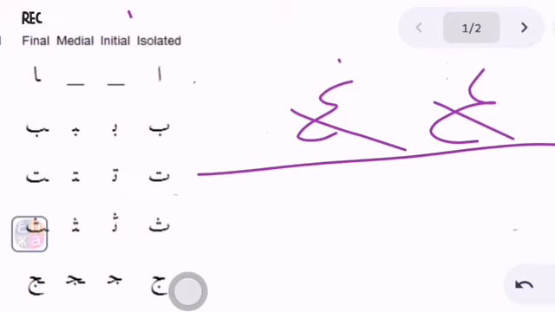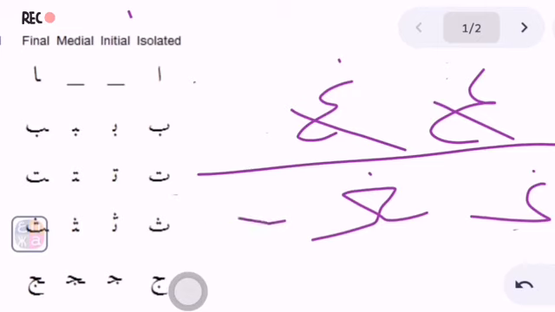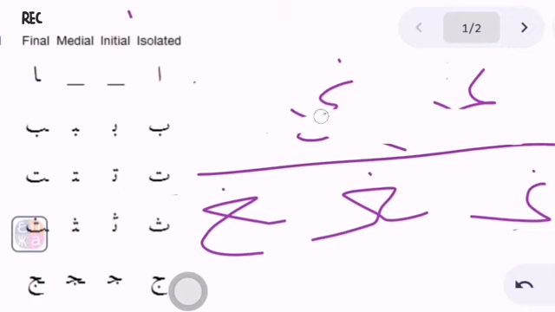At the beginning it looks like this. If it is ghain, a dot will be there. In the middle, this letter becomes something like this. If it is ghain, a dot will be there, and at the end it will also be like this. If it is ghain, there will be a dot. Do you understand?